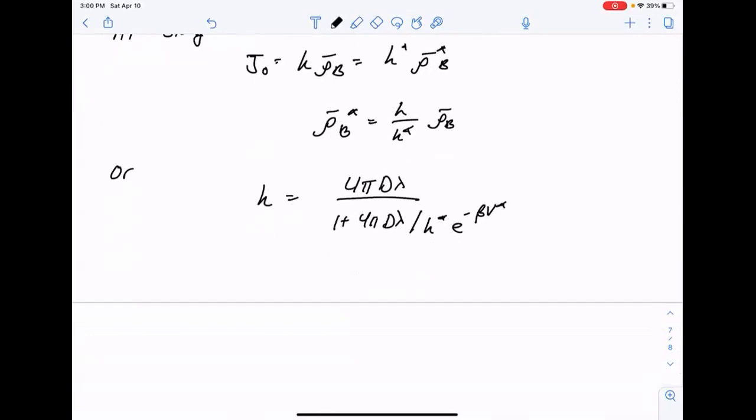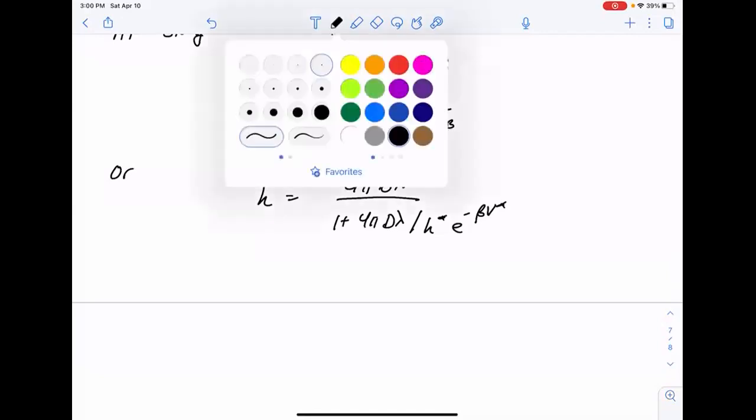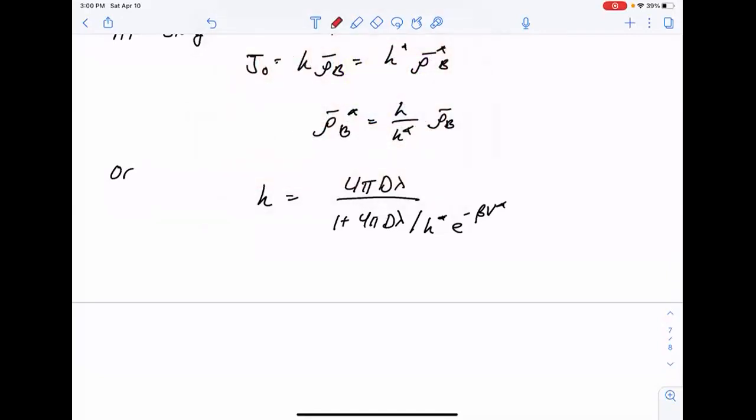It also depends on the length scale over which particles interact, lambda, in addition to the intrinsic rate of reaction, the rate of reaction at contact, this K star, times the probability of finding those species at that particular value of R, which is Boltzmann distributed and thus goes like e to the minus beta V star.